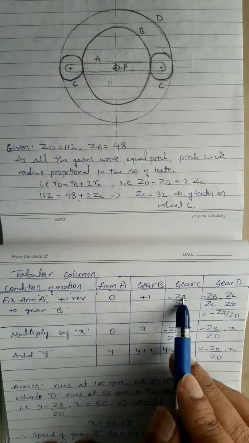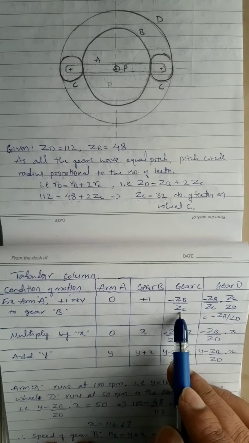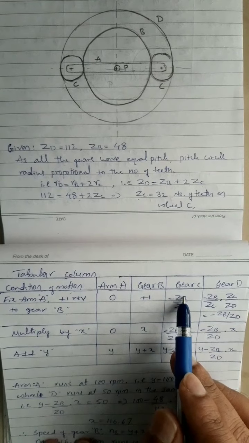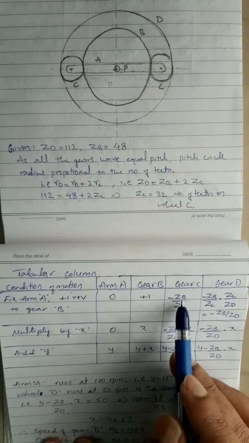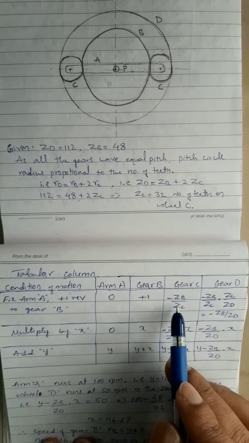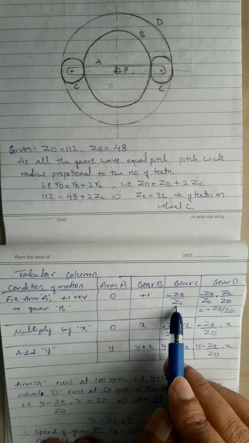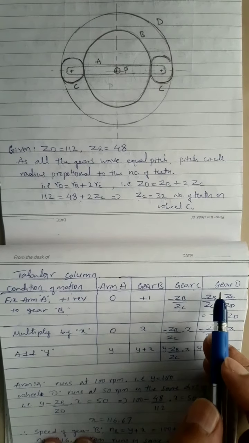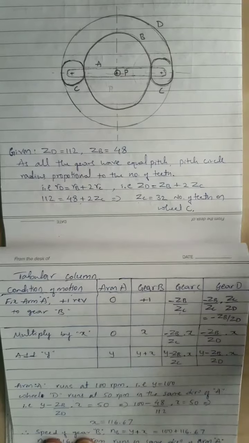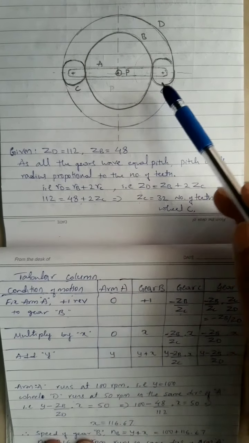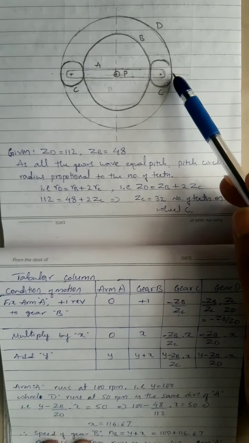B is the driver, C is the driven gear. Since C will rotate opposite to the gear B, we use a negative sign. Negative sign indicates both the wheels are rotating in the opposite direction. So minus ZB by ZC. Next, gear D. B will drive the gear C and C will drive the D.